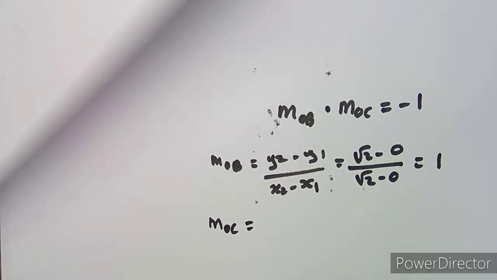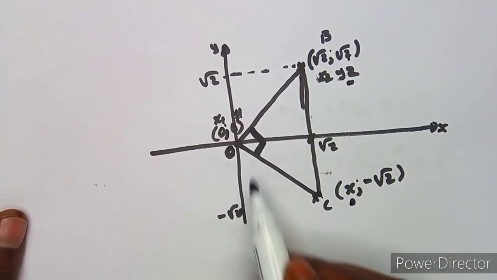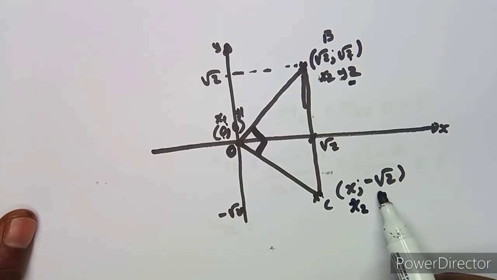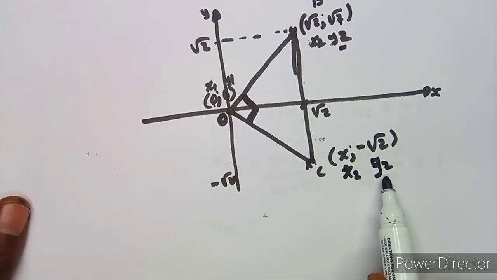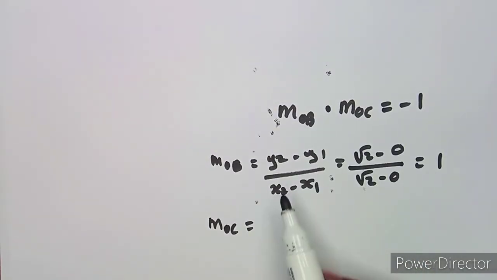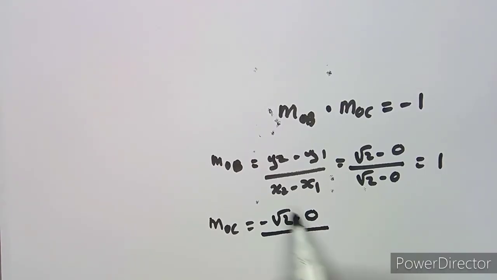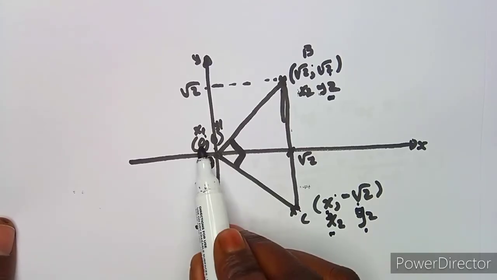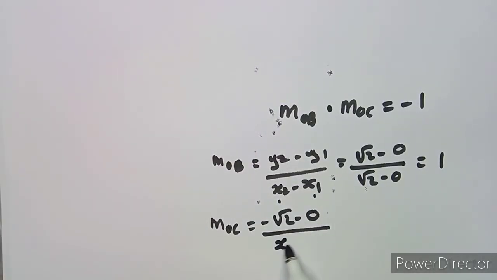All right, we move on to the gradient of OC. So you're going to find this gradient of OC in terms of x. So this is your x1, y1, this is your x2, y2. So remember y2 minus y1, so it's minus square root of 2 minus 0 over x2 minus x1. Our x2 is x and our x1 there is 0, so it's x minus 0.